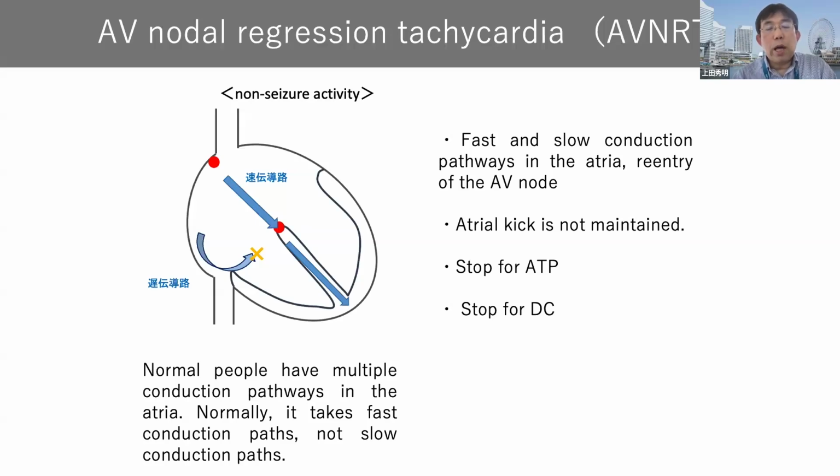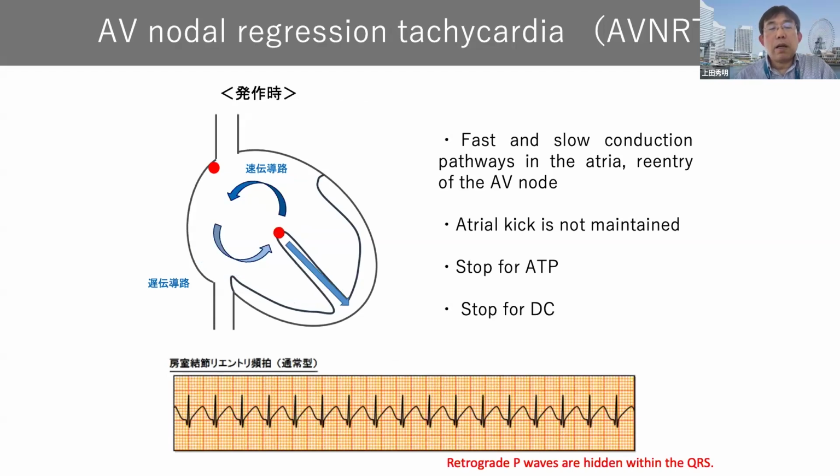Normal people have multiple conduction pathways in the atrium, and normally it takes the fast conduction path but not the slow conduction path, which means it will not make reentries. But in this type of patient, the fast and slow conduction pathways work together to make this kind of tachycardia.